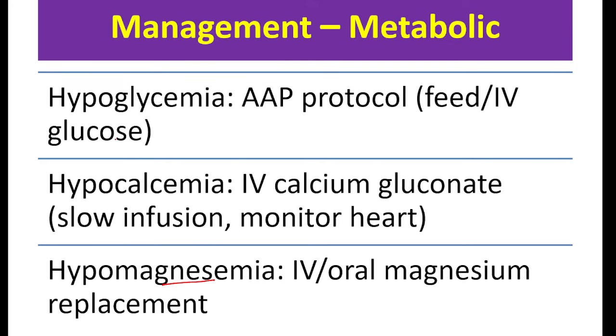So let's talk about the management of these newborns. Management mainly starts with hypoglycemia. Following the American Academy of Pediatrics protocols, we can provide early feeding or intravenous glucose as required. Hypocalcemia is treated with slow IV calcium gluconate with close cardiac monitoring, and hypomagnesemia is corrected with magnesium supplementation, either IV or oral.